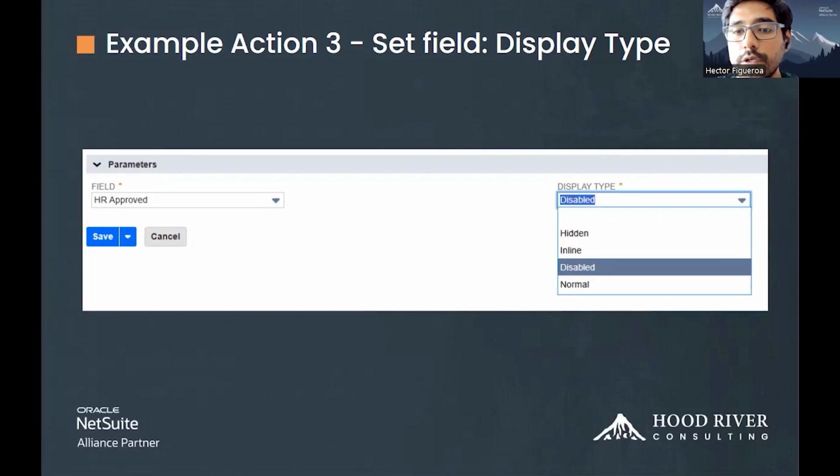This is most usually used to have a specific field that you almost never want to change. And the normal display type. For example, if I have created a field whose nature is to be disabled, I can bring it back to normal and open it for everybody if I click on normal.